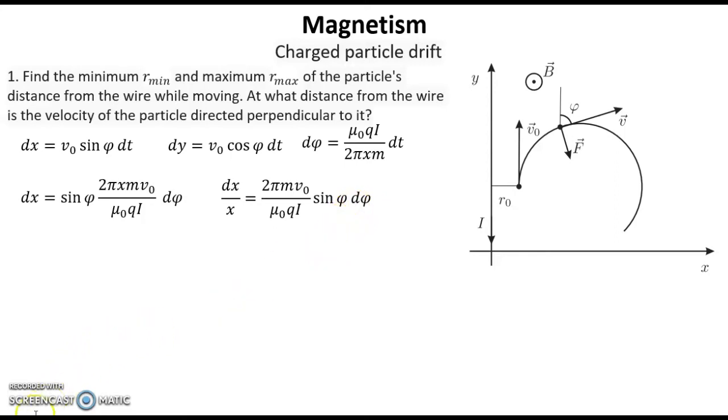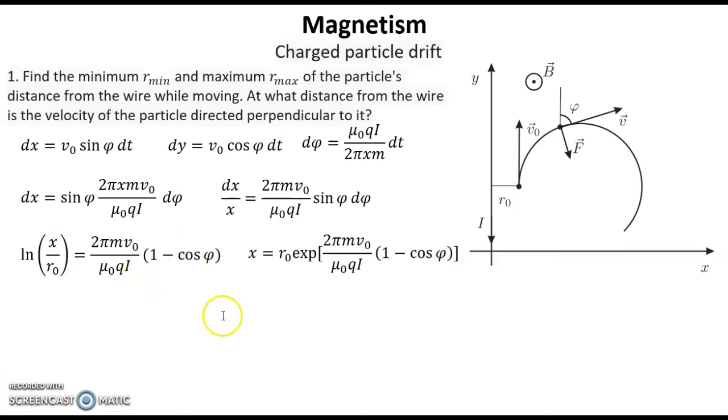So after integration we have this expression. Now we can rewrite this expression in the form of x as a function of angle phi. Now we have an expression for x as a function of phi, and we can answer the first question.